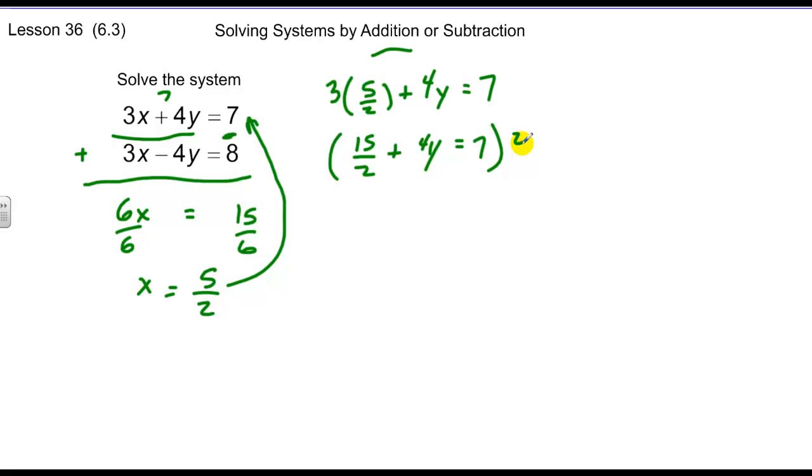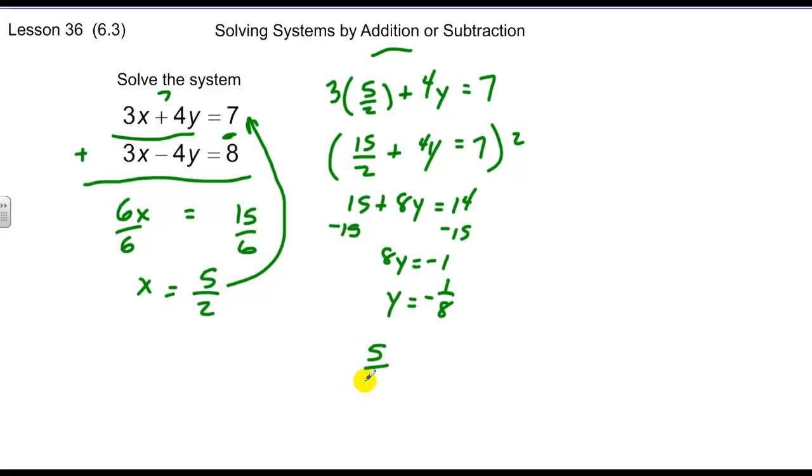Clear the fraction by multiplying by 2, giving me 15 plus 8y is equal to 14. Subtract 15 from both sides. Get 8y equals negative 1, and y equals negative 1/8. So my ordered pair is 5 halves and negative 1/8.